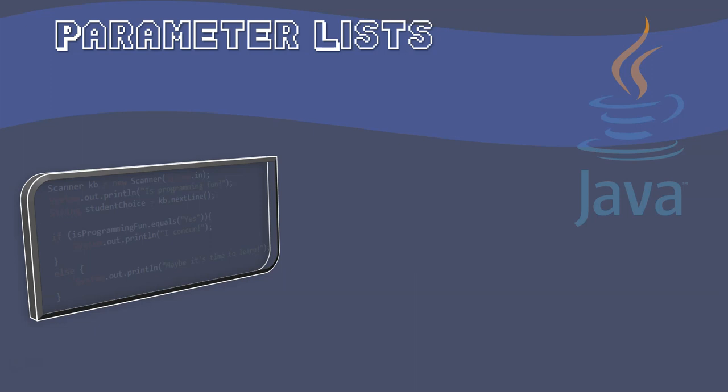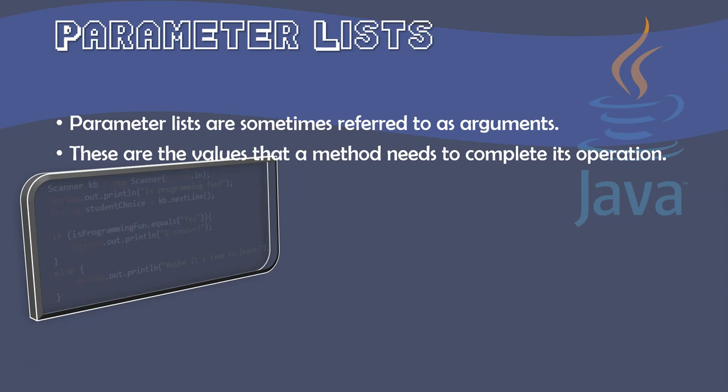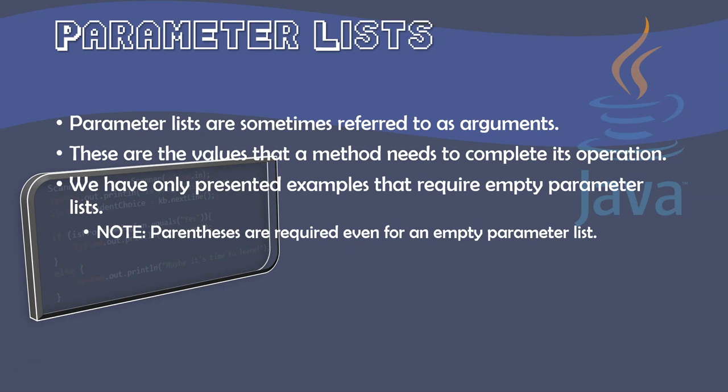Now let's take a look at those parameter lists. That's the last chunk we need to look at when we look at how these methods are constructed. Parameter lists are sometimes also referred to as arguments. Of course, methods in other programming languages are sometimes called functions or procedures. But these are the values that a method needs to complete its operation. We've only presented examples that require empty parameter lists up to this point.